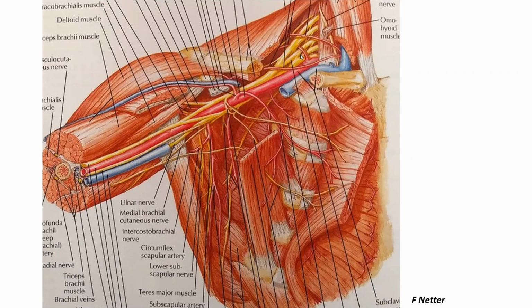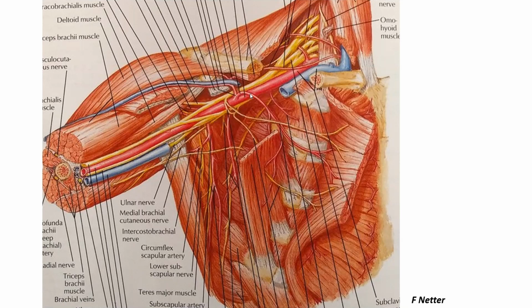Another thing is that the subclavian artery has an intimate relationship with the origin of the brachial plexus. So that's another disadvantage of trying to stick the subclavian artery, more risk of injuring the brachial plexus, whereas most of the axillary artery, except distally, has no relationship with the brachial plexus.